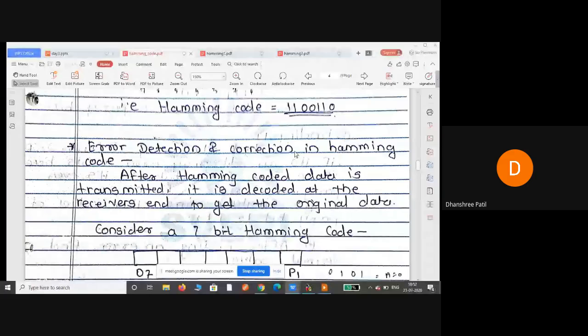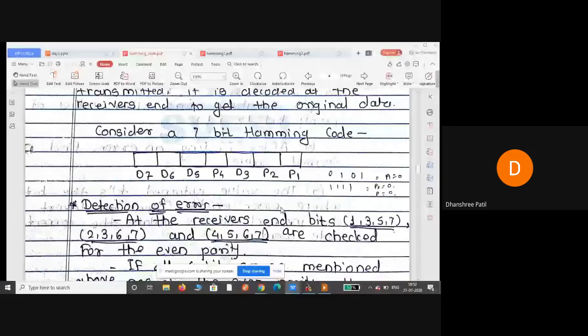So after the Hamming code, data is transmitted. It is decoded at the receiver end to get the original data. So this is your data and it is decoded. Now to detect the error at the receiver side, what procedure is applied is this one, detection of the error.